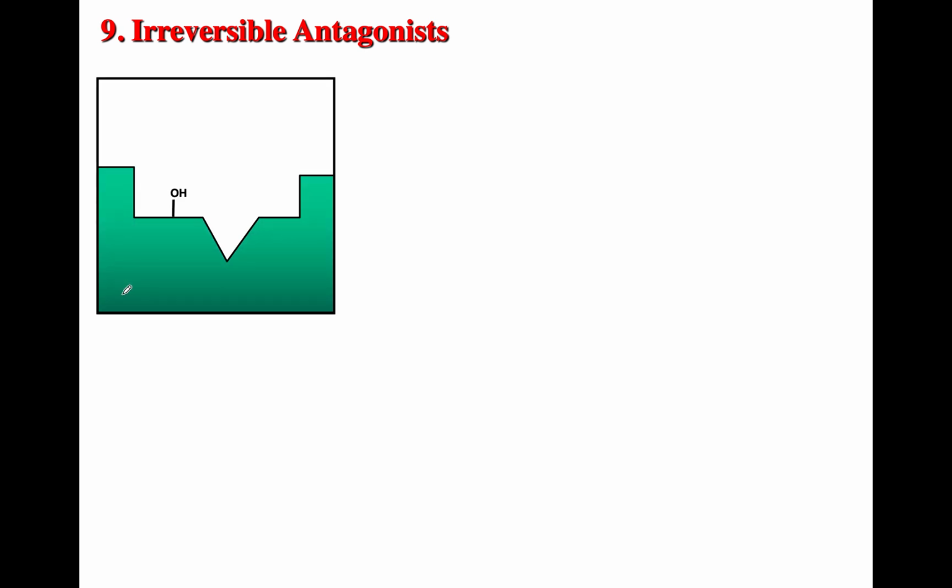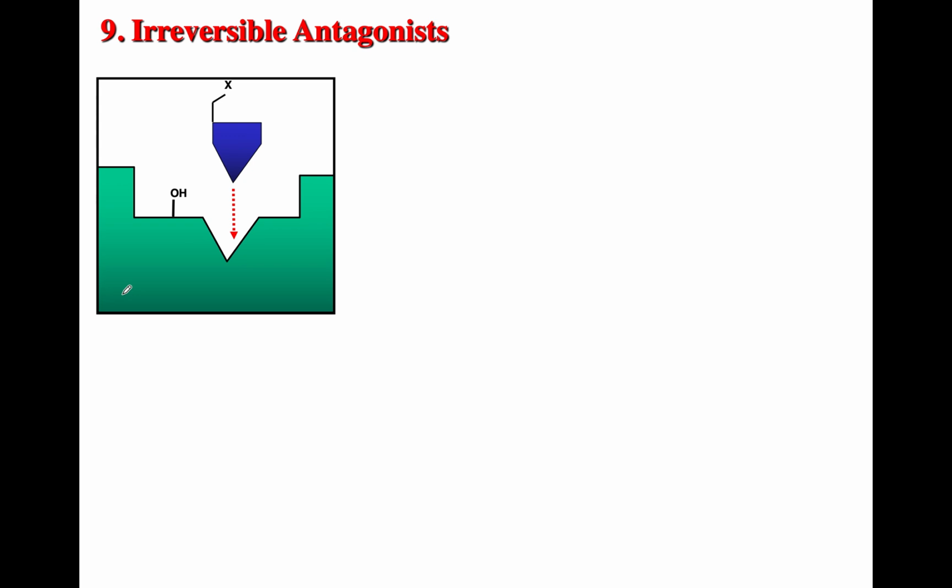Now let's deal with irreversible antagonists. Irreversible antagonists basically will form an actual covalent bond with the receptor and bind to that receptor for the lifetime of the receptor. They're designed to take advantage of the conformation of that receptor.